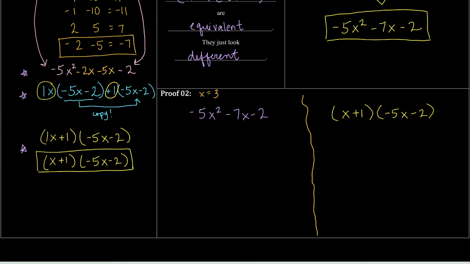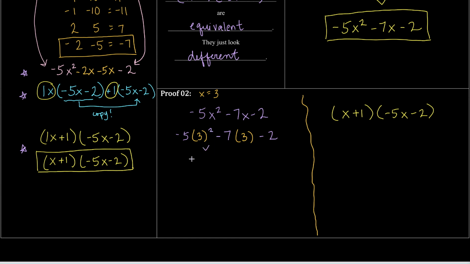So this one will say negative 5 times 3 squared. I guess I could put that 3 in orange. Squared minus 7 times 3, and then minus 2. So exponents first, right?